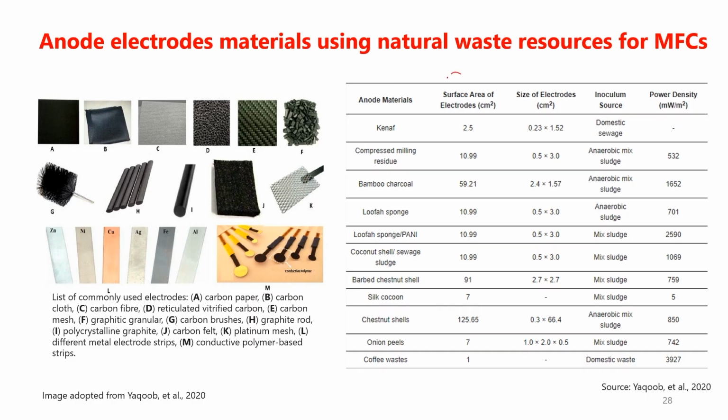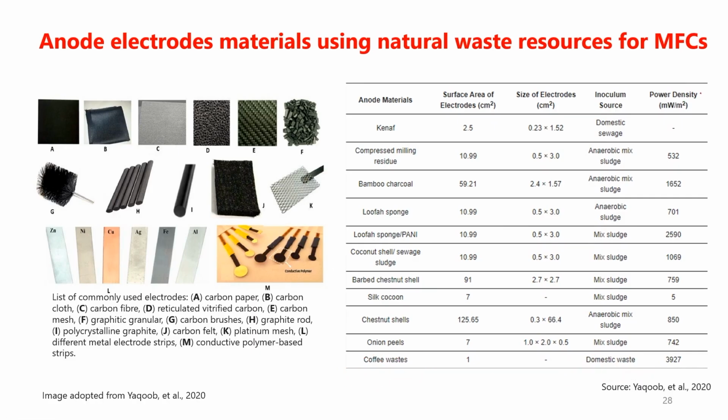Then the surface area and the dimensions, or size, of these electrodes are given, and the inoculum source, from which the microbe population is obtained, for example in the case of CANF from domestic sewage, or we may have anaerobic mixed sludge in many cases, and mixed sludge in certain cases, and also mostly coffee waste is a kind of domestic waste.